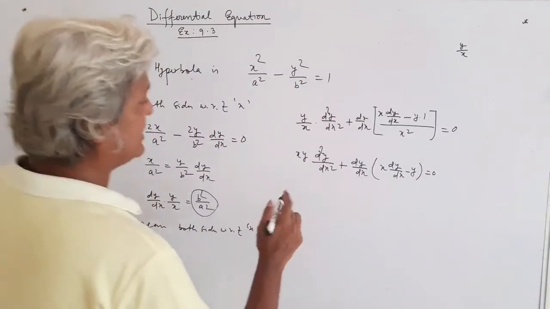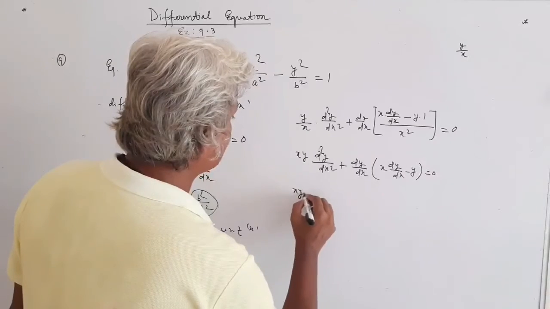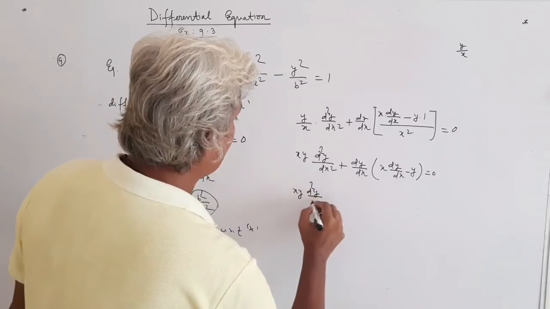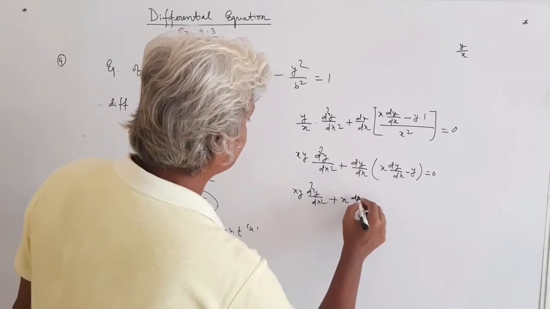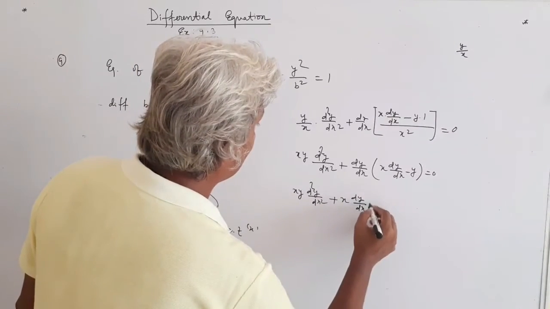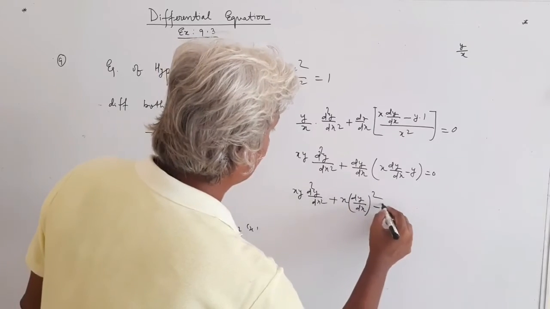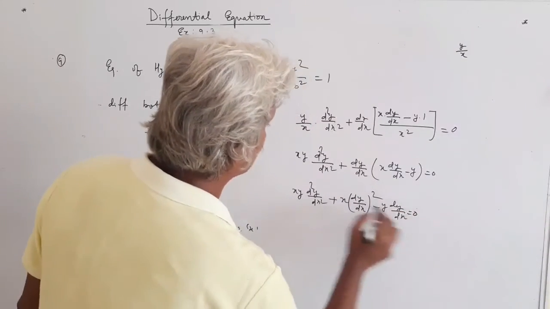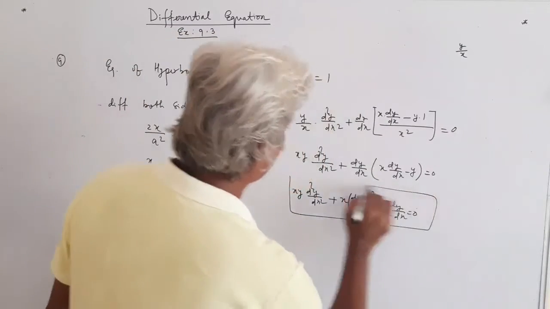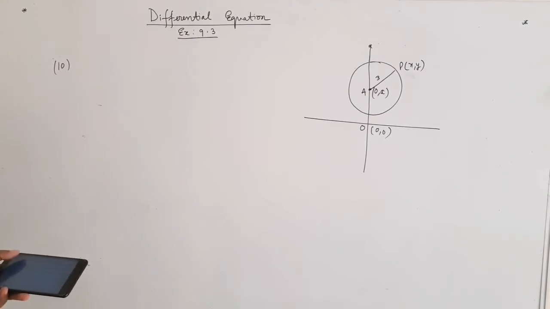Now let me rearrange the terms. So we get xy d square y over dx square plus x (dy by dx) whole square minus y dy by dx is 0, and this is your final differential equation.